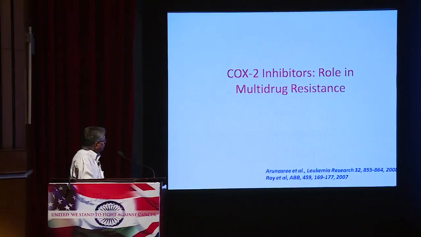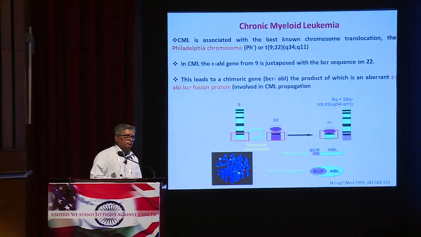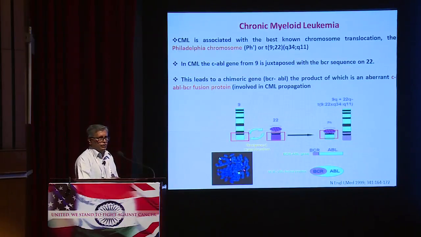In this talk, I would like to focus mostly on how it is promoting drug resistance, promoting multi-drug resistance. And in this case, we have taken up chronic myeloid leukemia.